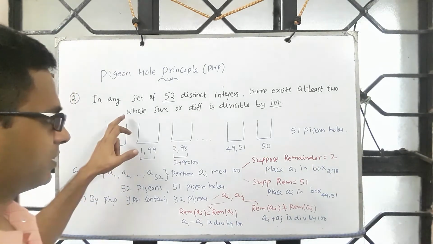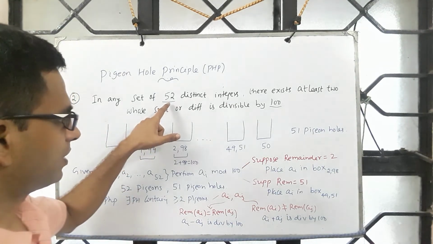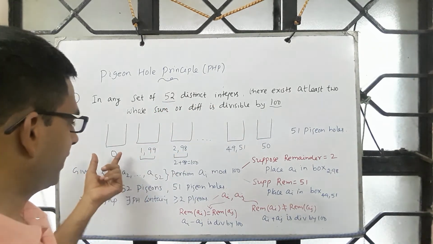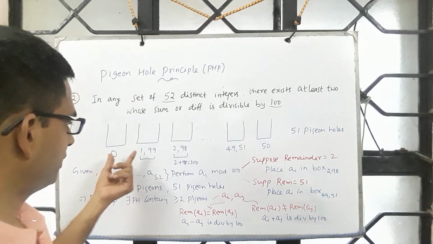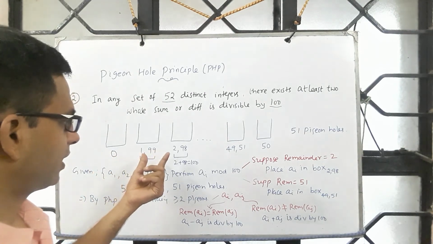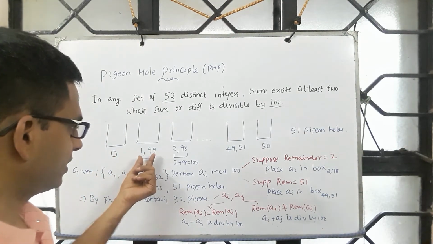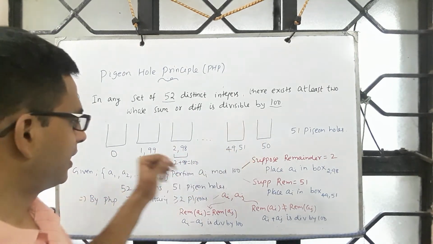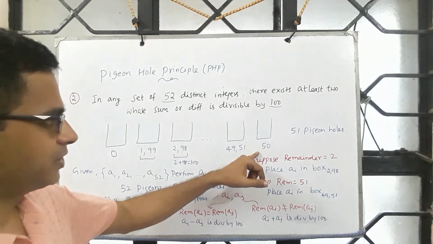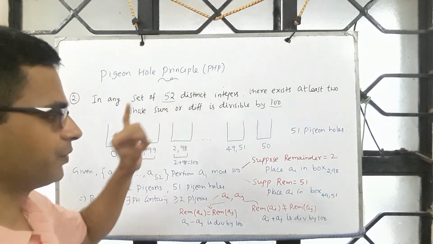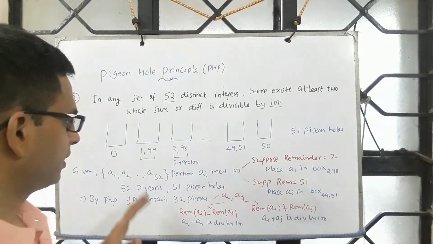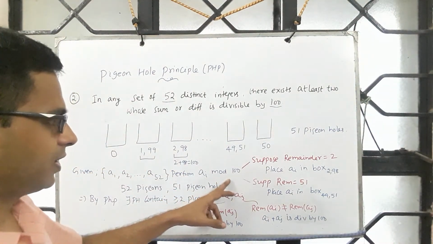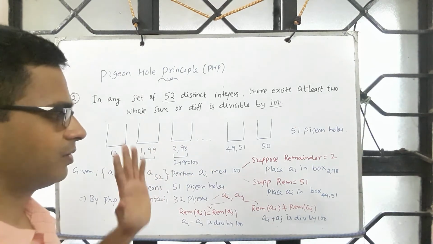And so in this, the challenge is to come up with the pigeonholes with the given data. So I have labeled the first one as 0, second one as 1 comma 99, and keeping the fact that the sum of the labels should be 100 because of this, and I wanted 51 pigeonholes because there are 52 integers.